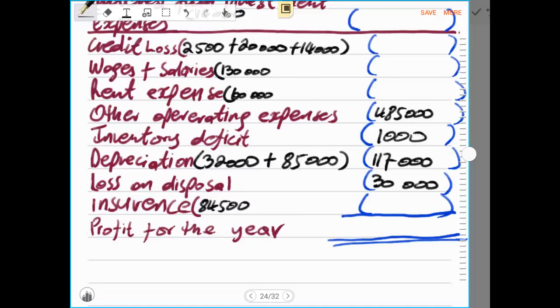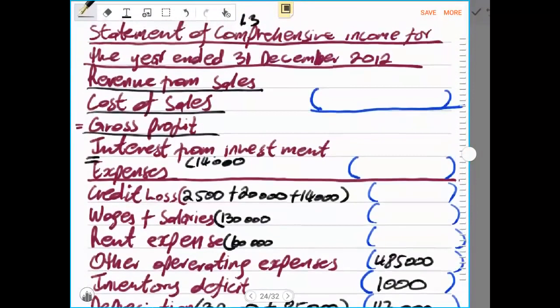Please take into account that inventory write down or inventory loss can also be recorded as a plus in the cost of sales. Even if you take that 1,000 and record it under the cost of sales as a plus, you will still be 100% correct, because inventory write down must increase the cost of sales to reflect the original cost, which was 185,000 rands.